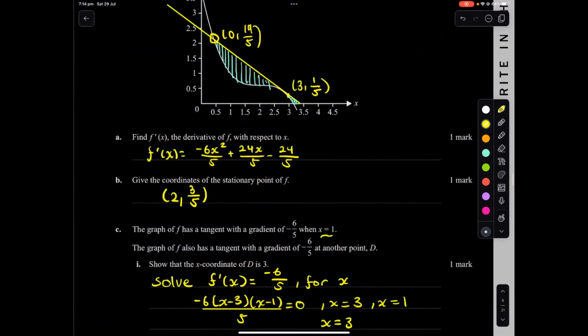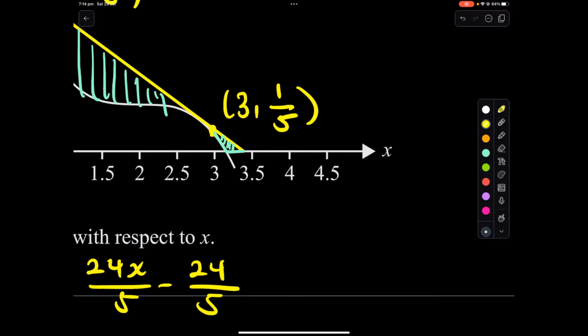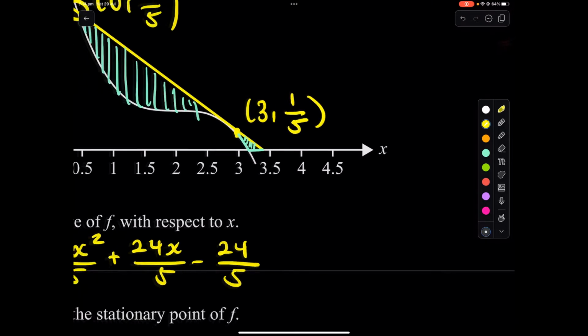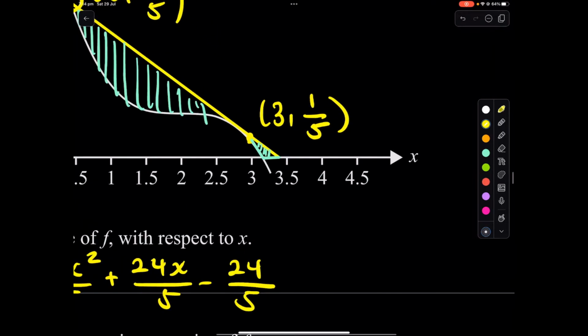Now to get this area over here, what do we do? If we calculate this area over here, I'm just going to rub this part out. So we're saying this line goes like this.